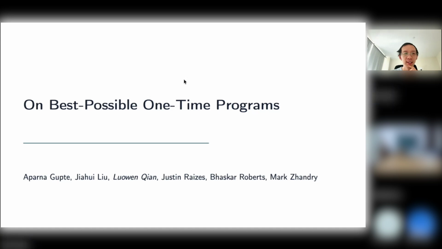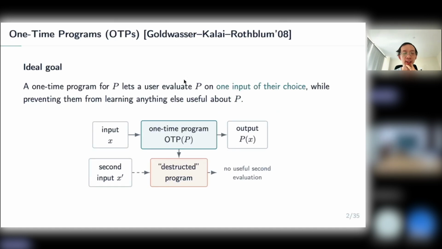Okay, so without further ado, let me start by recalling the definition of one-time programs. One-time programs were originally introduced by the work of Goldwasser, Kalai, and Rothblum. The goal of a one-time program is to have a program that you can evaluate once and then self-destruct.